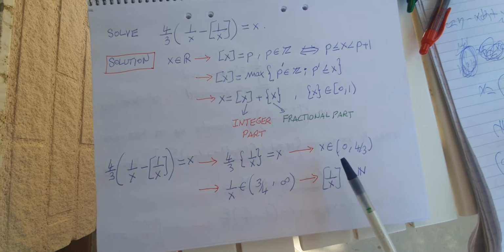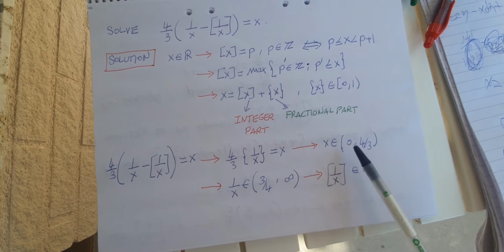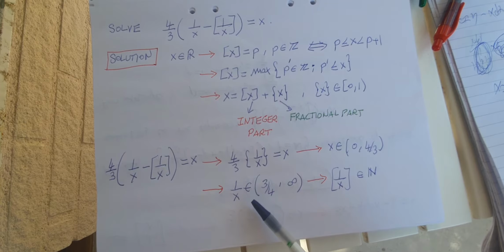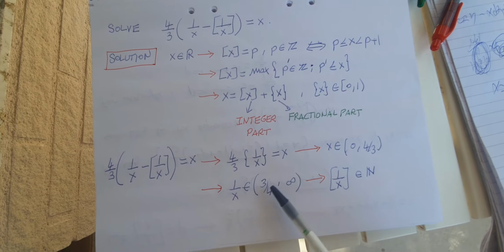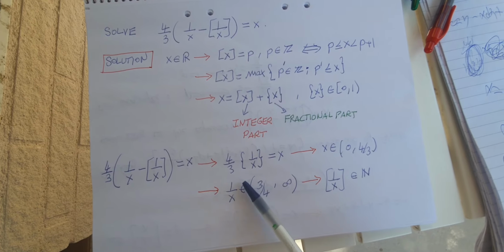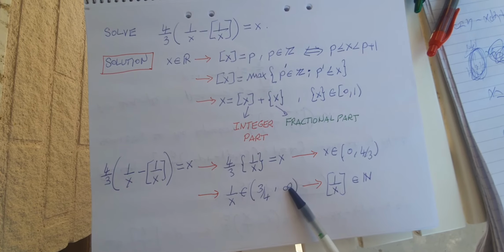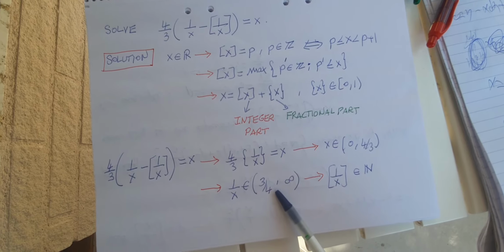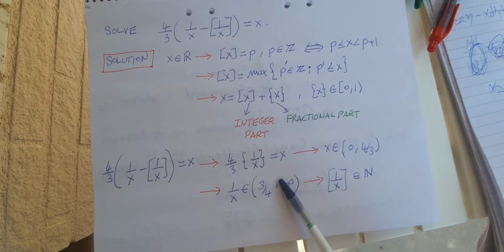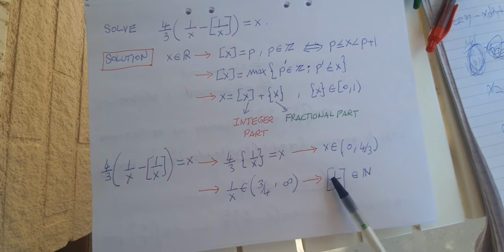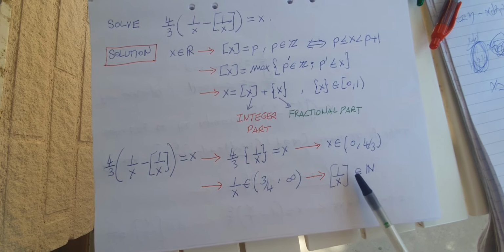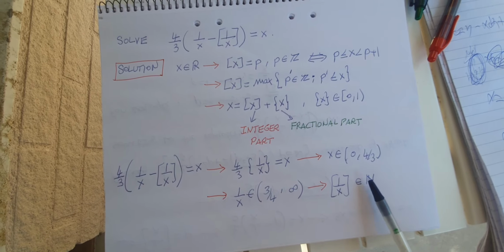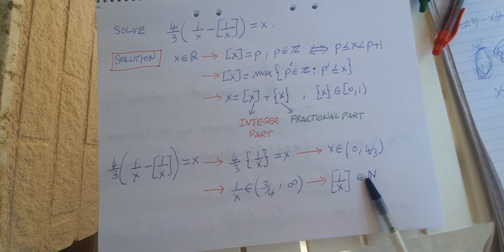Okay, so if x now belongs to the open interval (0, 4/3), then 1 over x, being different from 0, belongs to the open interval (3/4, infinity). And since all natural numbers lie here, the integer part of 1 over x belongs to N, the set of all natural numbers.